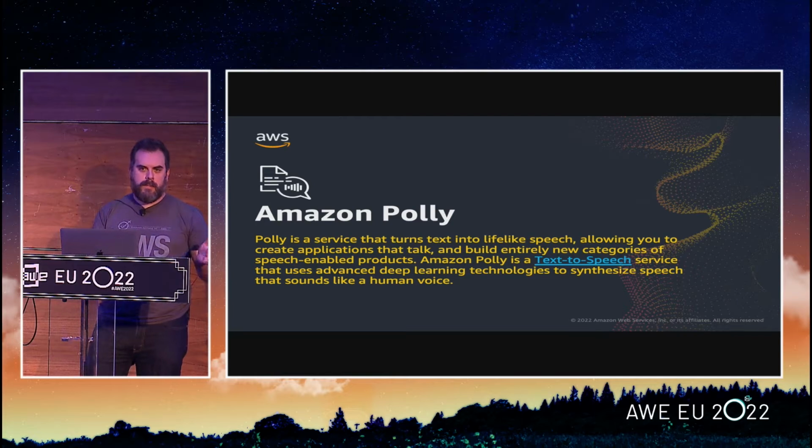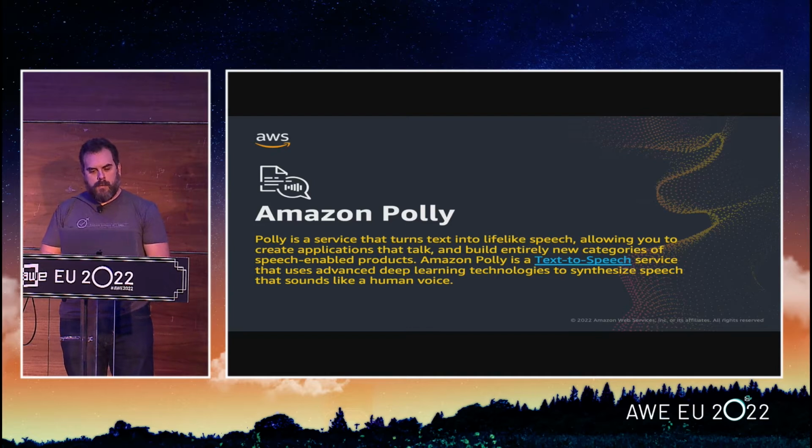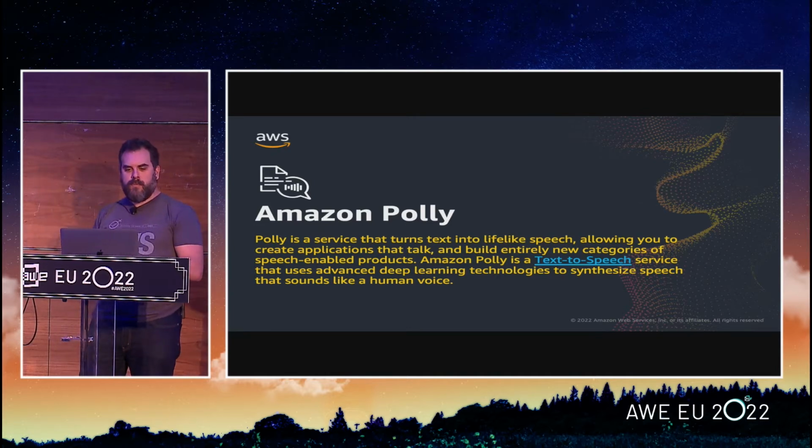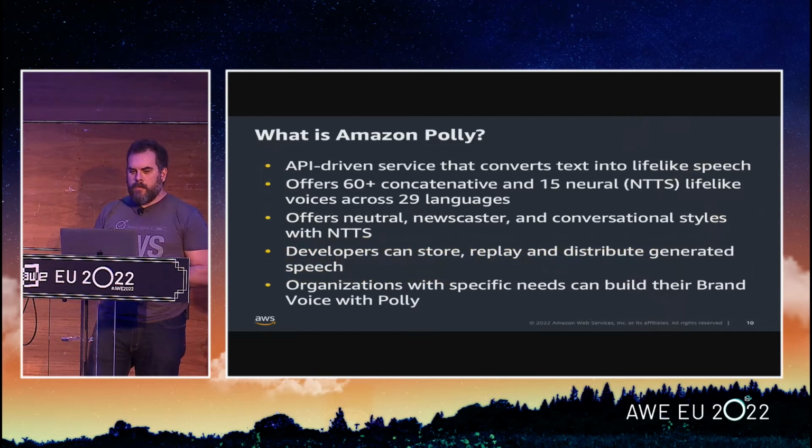You pass a text and you get a couple of things. First of all, the audio, the translation of the text into the voice, plus some marks that we'll use for our digital human. It's the service that is also used for Alexa, if you know the service. It's fully API-driven.